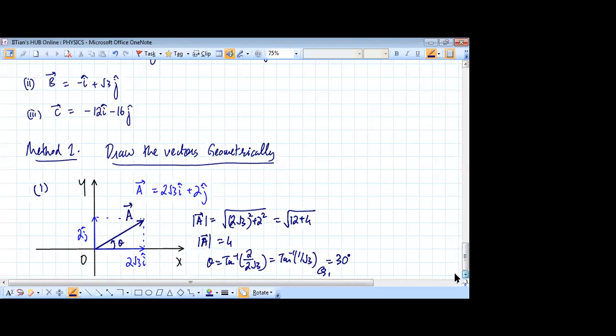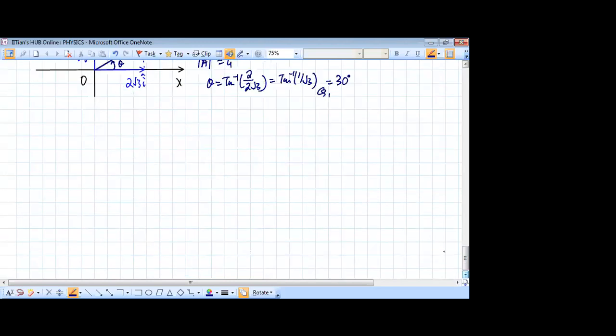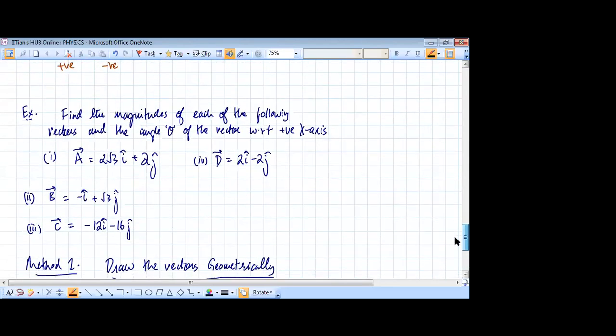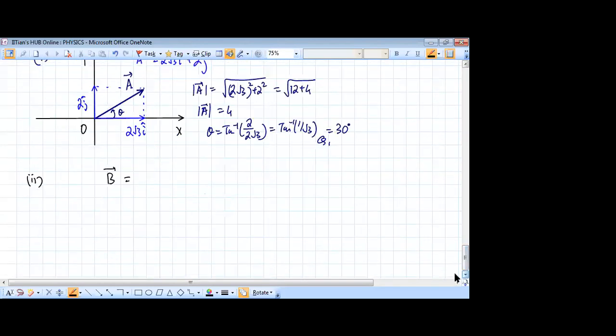Similarly, if I were to geometrically draw the vector B, so vector B was given to us as minus i cap plus root 3 j cap.